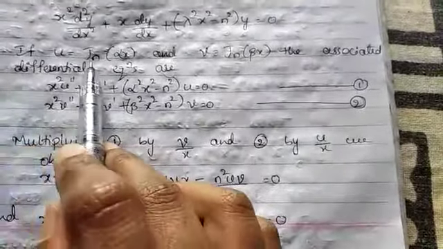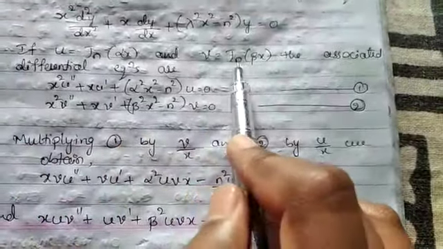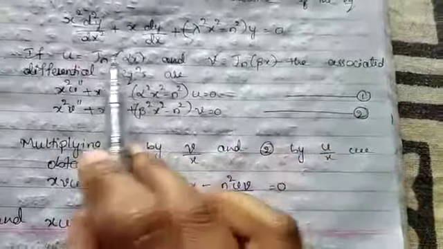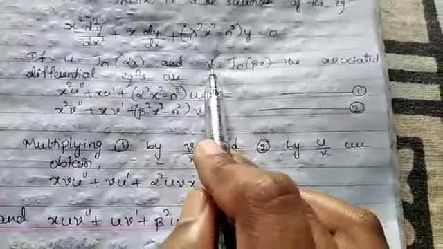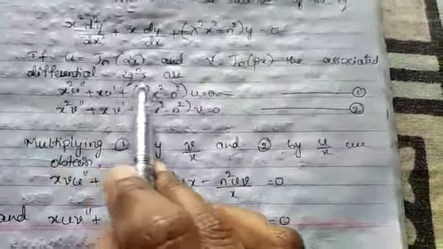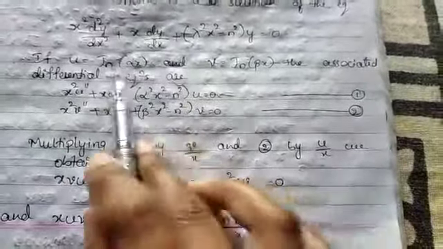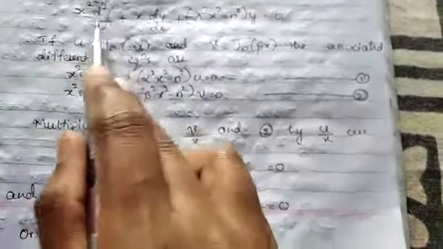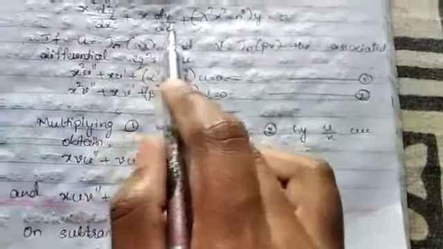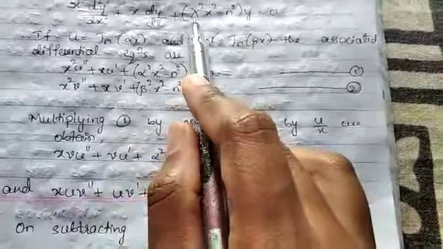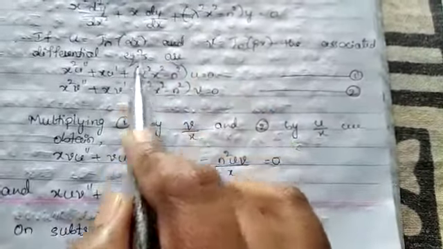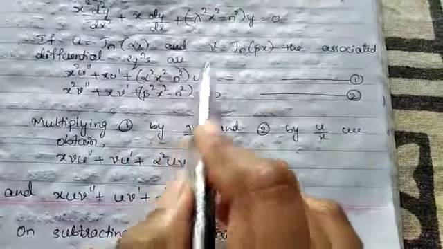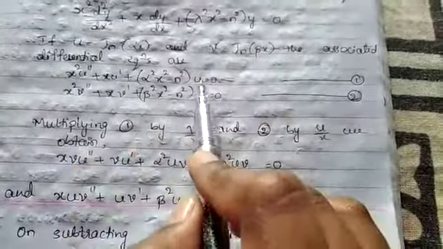If u equal to Jn of alpha x and v equal to Jn of beta x, the associated differential equations are x square u double dash plus x u dash plus alpha square x square minus n square into u equal to 0.